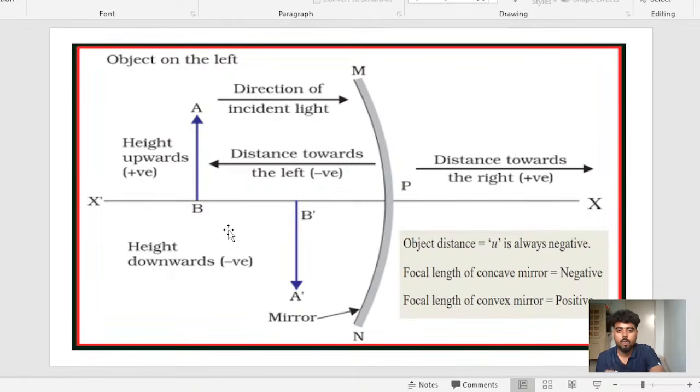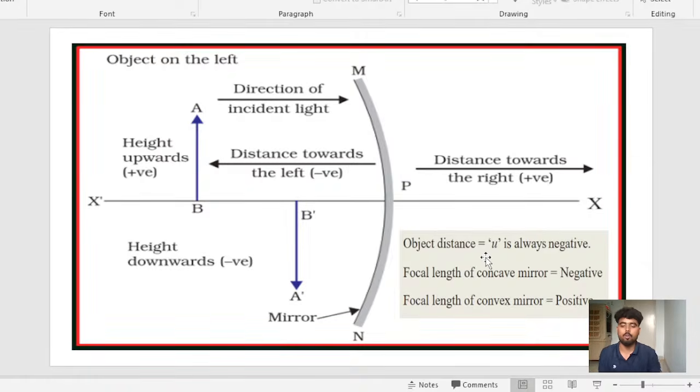Now what are the things you should remember when we talk about the sign convention of the mirror? First, the object will always be kept at the left hand side of the mirror. So what is the sign of the object? It will always be negative. The sign of the object will always be negative.